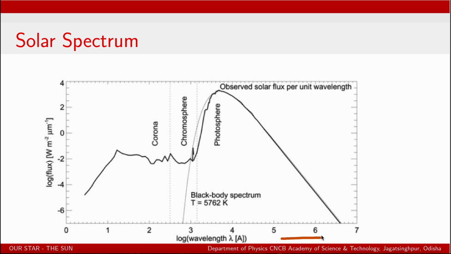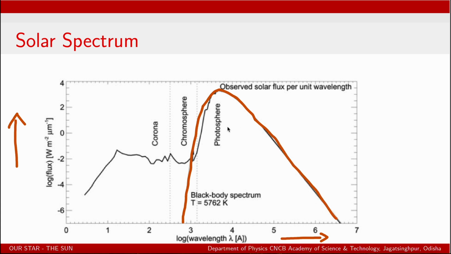This is a log plot, and here also it is the intensity, in watt per meter square, but this is a log plot. If we had a black body kind of radiation, then it would have looked like this. But it doesn't look like this.